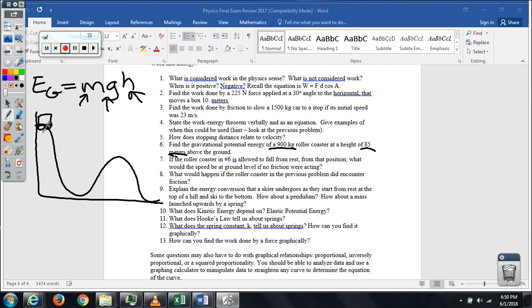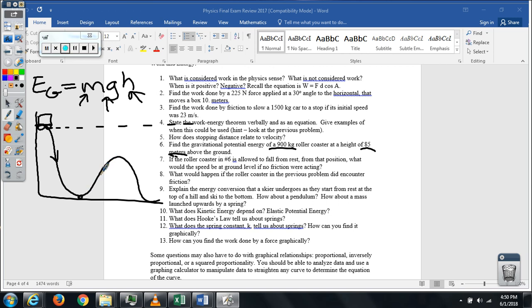But it's got the most energy that it'll have when it's at the very top of this first hill. It's all EG right now. As it goes down the hill, that EG is turning into EK. If it gets to the very bottom here, then all the EG is now EK.